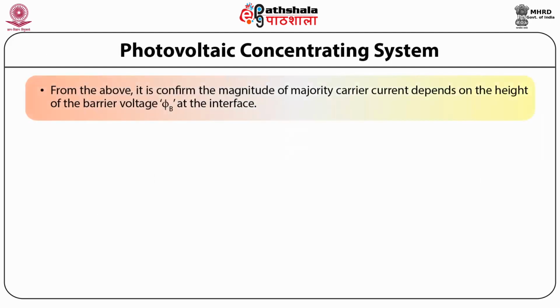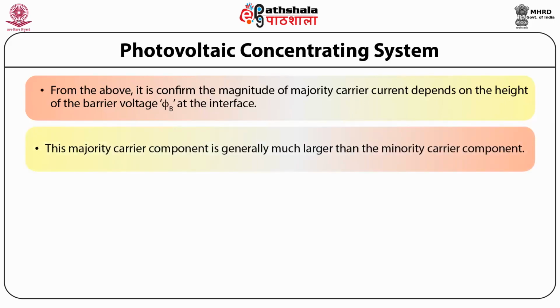So from the above, it is confirmed that the magnitude of majority carrier current depends on the height of the barrier voltage phi b at the interface.